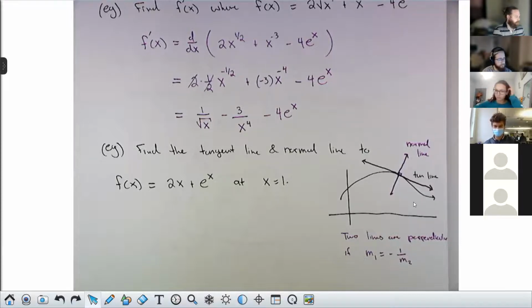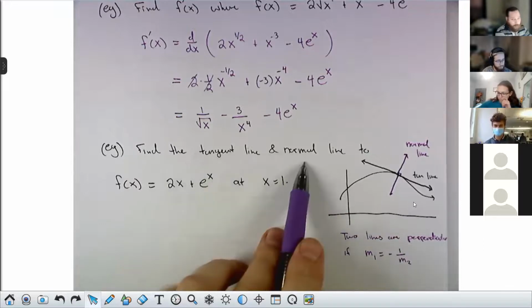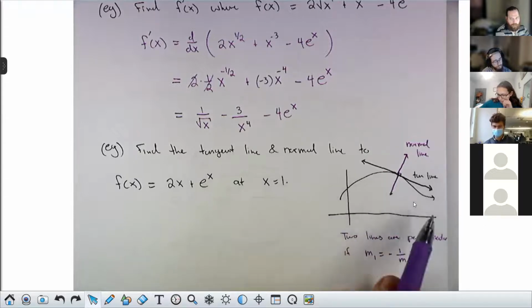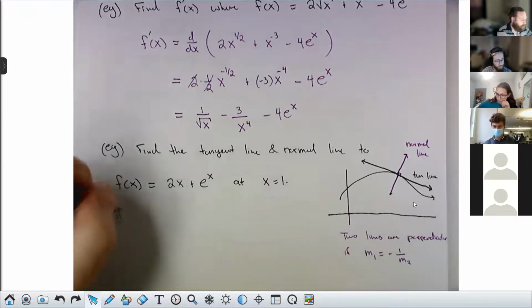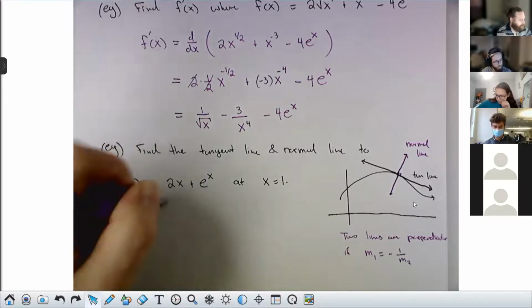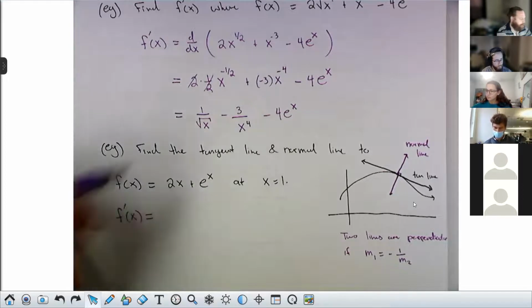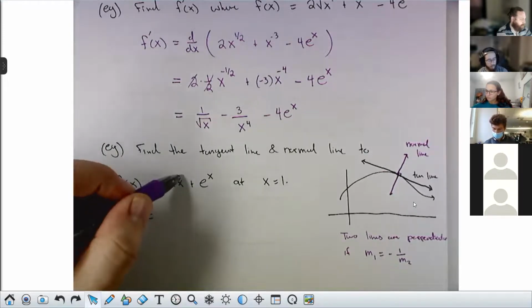All right. So if I want to find the tangent line or the normal line, both of those require knowing the slope of the tangent line, which I get from the derivative. So first thing we do is differentiate. No more big limit here, thank goodness. F primed, I just get from the power rule here for 2x. So that's 2x to the 1.